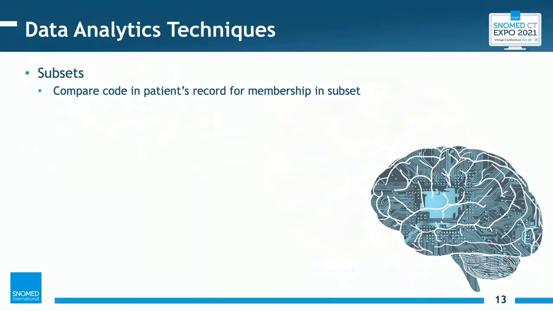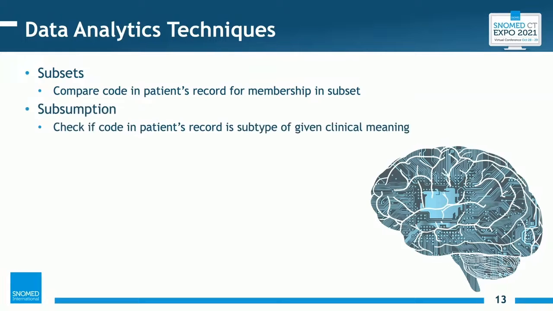Once you have your clinical data coded using SNOMED CT, there are a number of different techniques you can use to perform data analytics, ranging from very simple to very advanced. For example, the simplest approach is to compare each code stored in your patient record to see if it's a member of a particular subset that you've designed specifically for your query use case. You can also use subsumption to check if a code is a subtype of another particular clinical meaning.